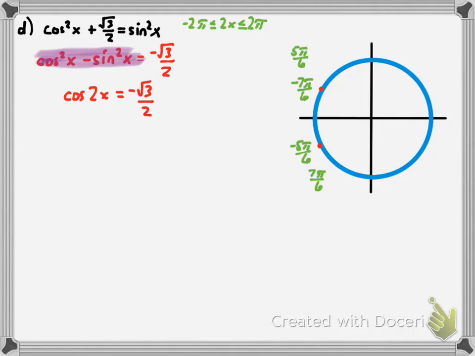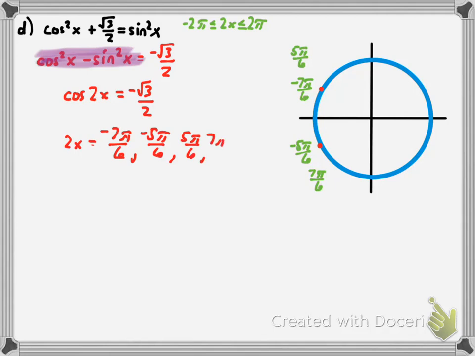Now any other angles are just going to be outside of the range of values. All right, you can look for the coterminal angles, but we found the ones that are going to work. Great, so we know what 2x can be from least to greatest. It could be negative 7 pi over 6, negative 5 pi over 6, positive 5 pi over 6, and positive 7 pi over 6.